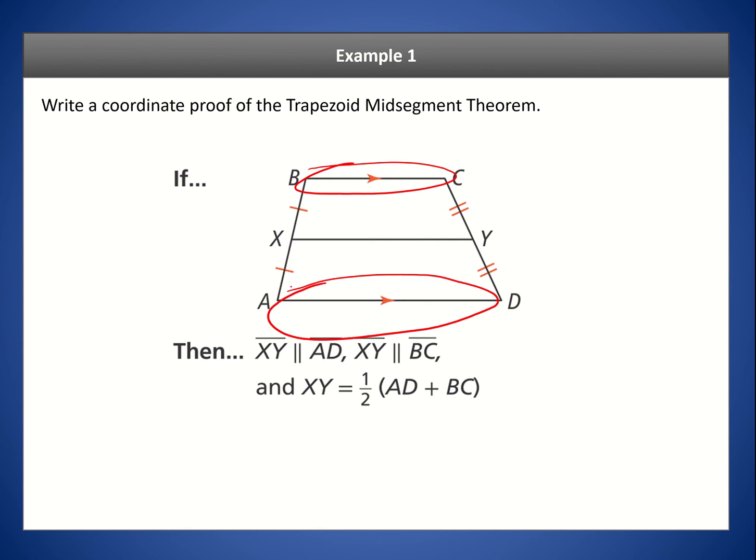So you add the two lengths of the bases and then divide by 2. And that's going to be the length of this, okay? And that's the trapezoid mid-segment theorem.